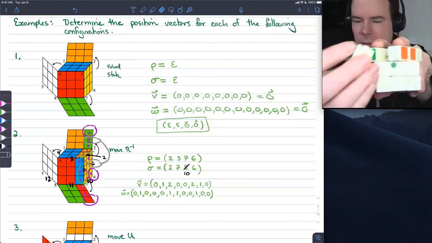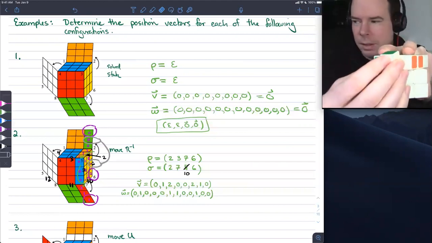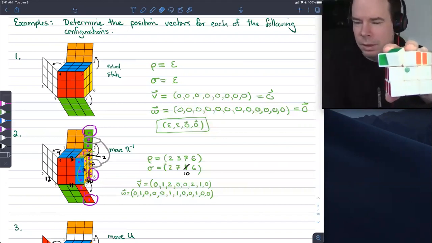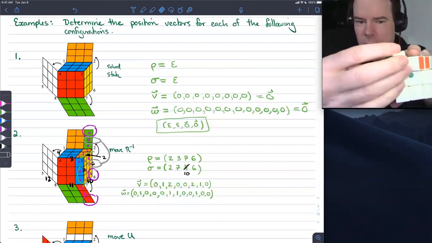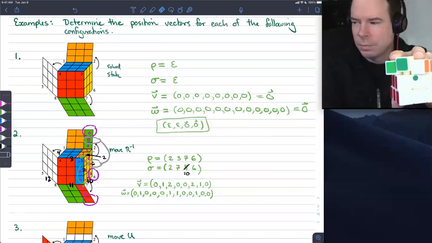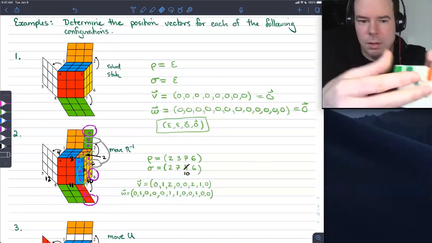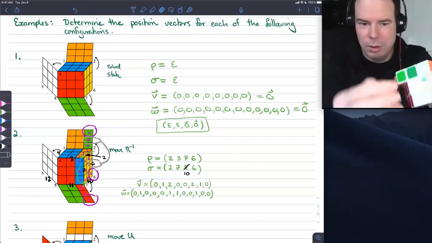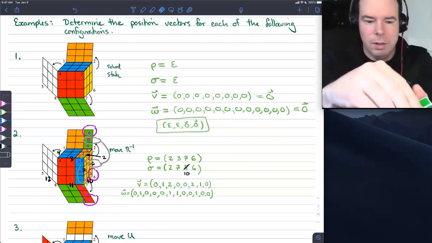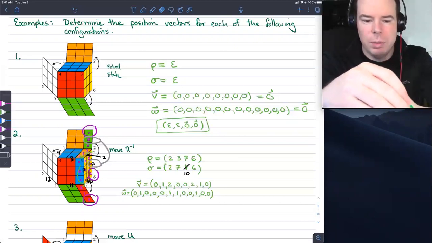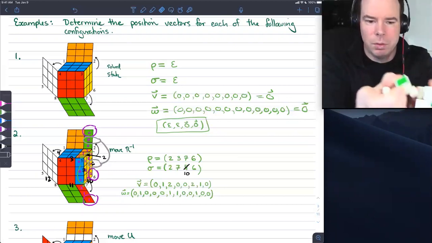Wherever it lands, it can either slide in like that, or it can slide in with its orientation reversed. And so we are encoding that information. Oops, I just put it in upside down, but we are encoding that information by saying, where does the cubie land? And there's also corner cubies as well.